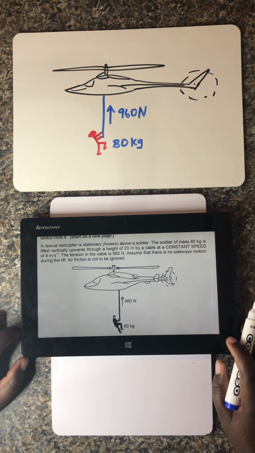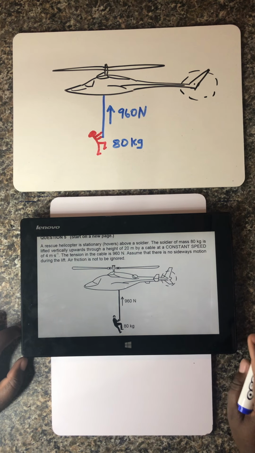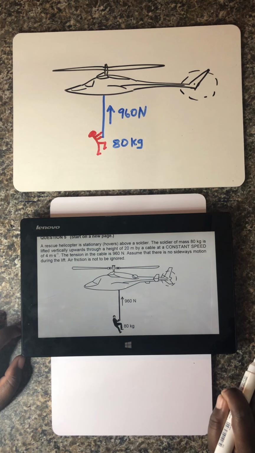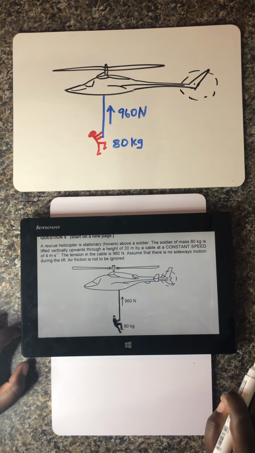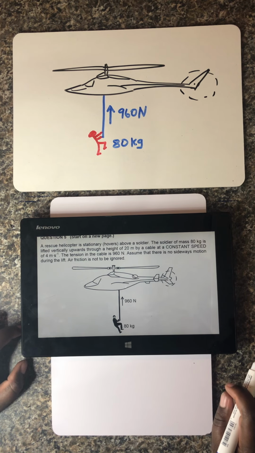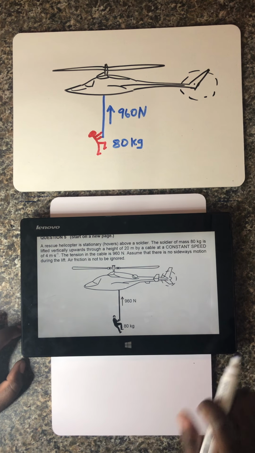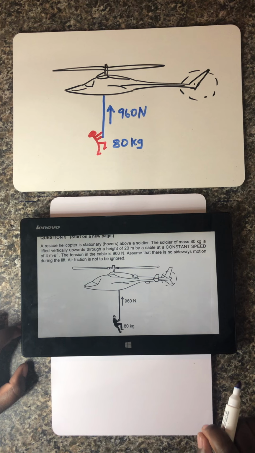Okay, ladies and gentlemen, you've got a soldier of 80 kg. It's very important that you notice that in that sentence you're actually given the mass of the soldier. Most importantly, in physical sciences we measure mass in kilograms.